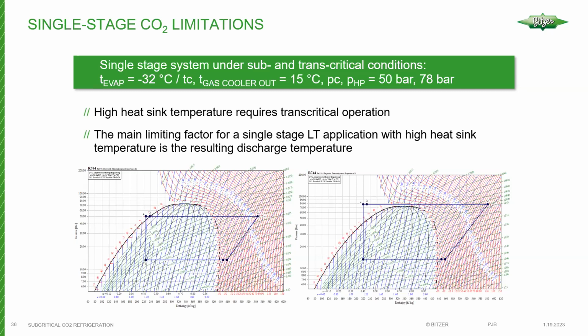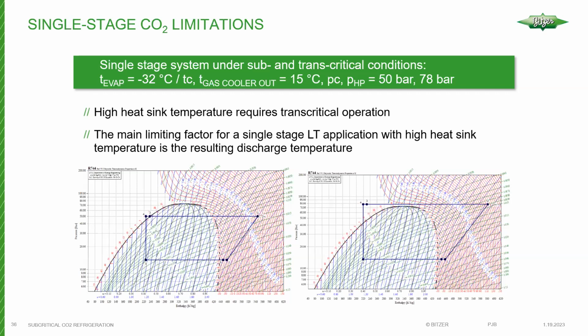So with this slide, what we're looking at is we start out with a subcritical circuit running a fairly low temperature evaporator at minus 32 degrees C. Okay. And in this case, even the discharge or condensation is going to take place subcritically. So we can generally do that with a single stage circuit. If we want to operate a low temp refrigeration system and reject the heat at a temperature such that we will be above the critical point, we have to transcend the critical point, which involves transcritical refrigeration.